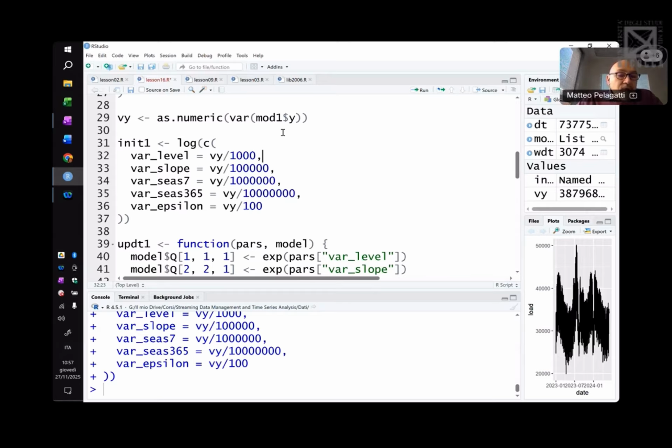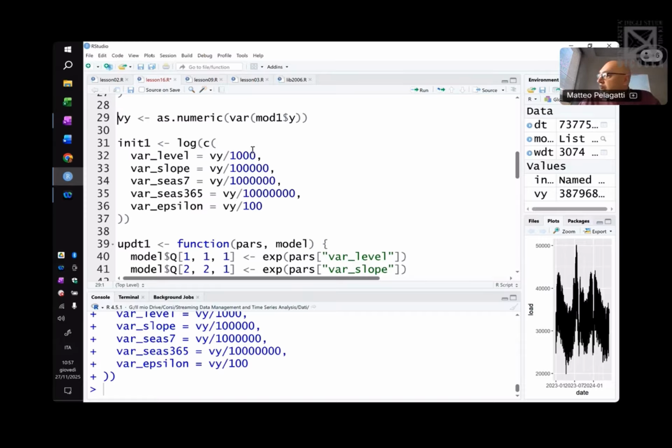So usually what I do is compute the variance of the time series, which is some kind of upper bound of all these variances. Actually, it's an upper bound for the sum of all these variances.